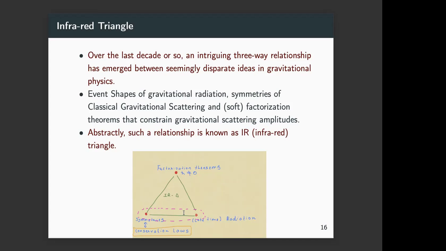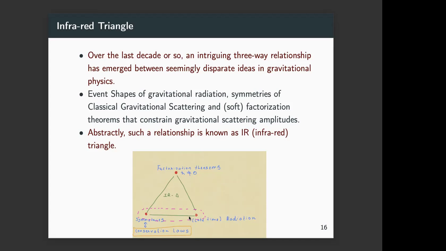One is these low frequency radiative observables in classical scattering, which we call event shapes. One are symmetries of classical gravitational scattering that we will talk about. And one, which seems completely far removed at the outset, are factorization theorems that constrain quantum scattering amplitudes, that Emil and Raphael also talked about.